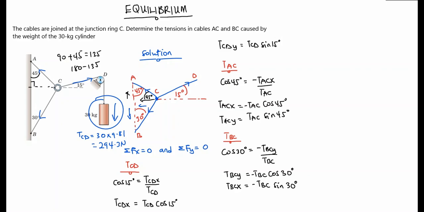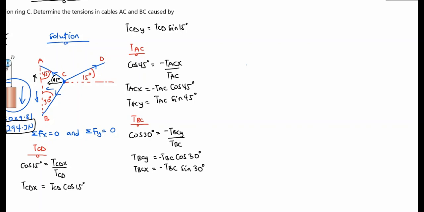So now you have the components of all the forces, right? So now let's apply the equilibrium conditions. We are using the two force equations. The first one will be the sum of the forces in the x-axis direction should be equal to 0. So let's consider the forces in the x-axis direction.